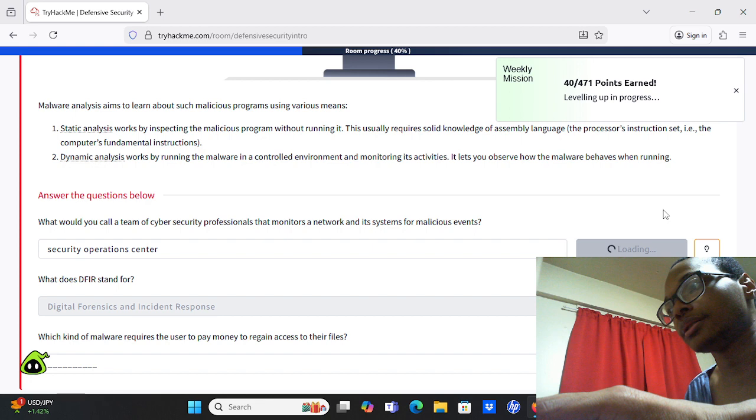I think it is digital forensic. Let's type that in. Let's try it. No, that's not it. No, it's not malware.